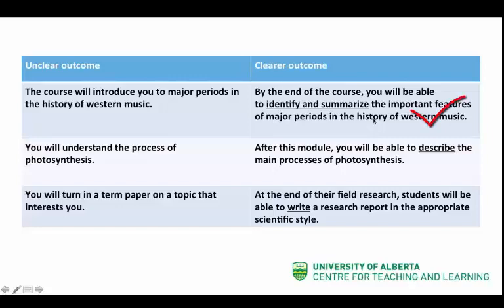By the end of the course, you will be able to identify and summarize the important features of major periods in the history of Western music. In the second example, again, understand is a rather unclear term. Describe the process of photosynthesis makes this much more precise, what's expected of the student. In this example, write a term paper, whereas this one spells out what constitutes an appropriate term paper.